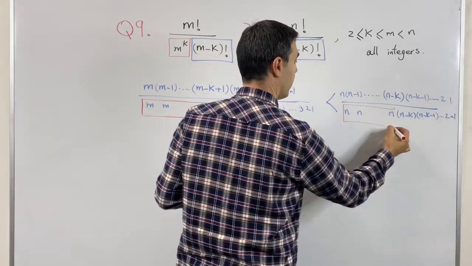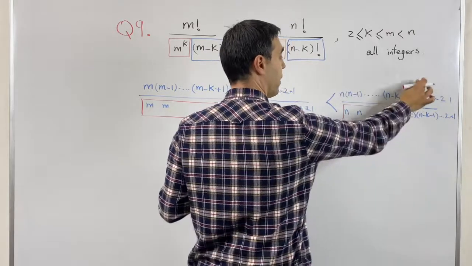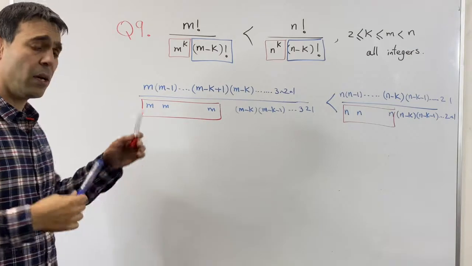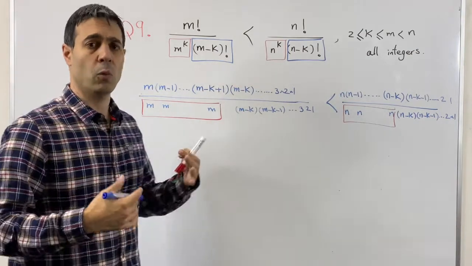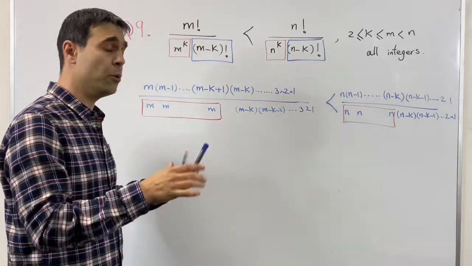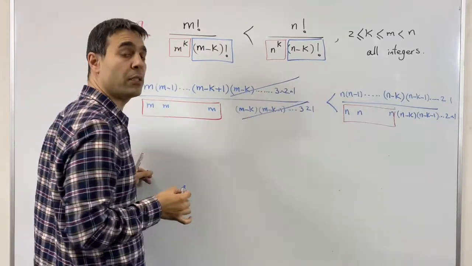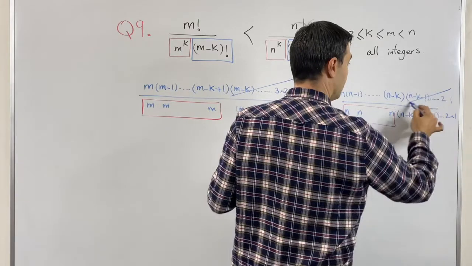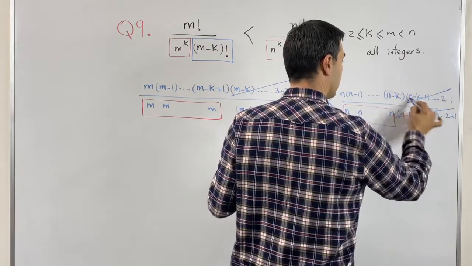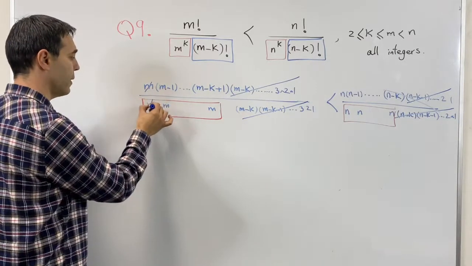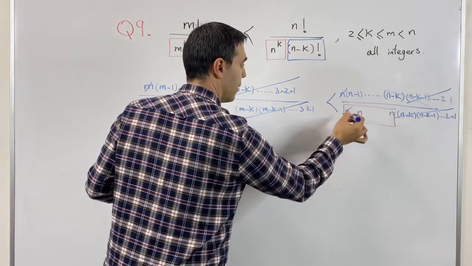Again, n to the power of k, n minus k factorial, and n factorial. Completely similar to what we did when we used numbers. We again know this part and this part cancel each other out, and this part and this part cancel each other out.